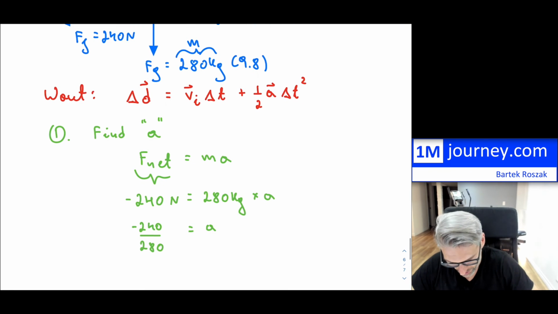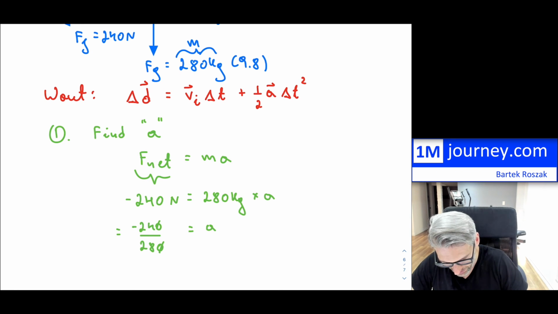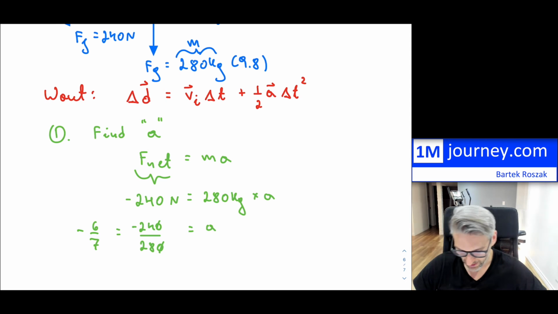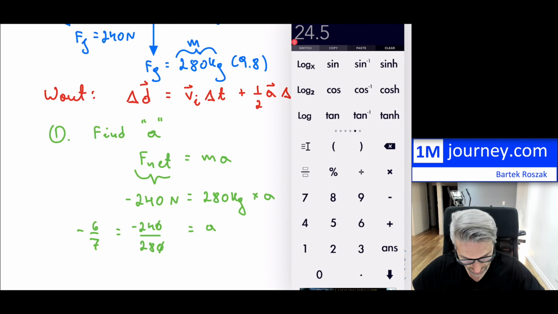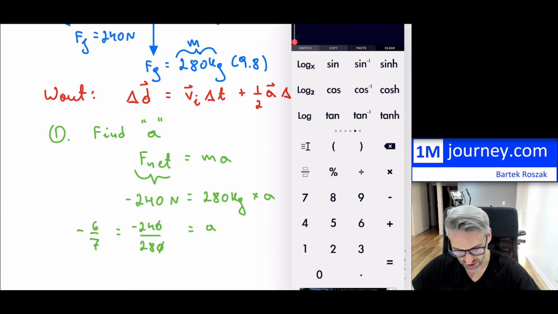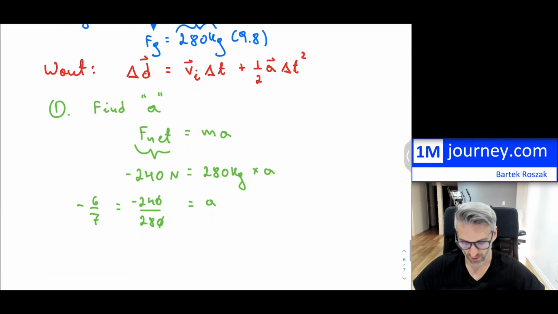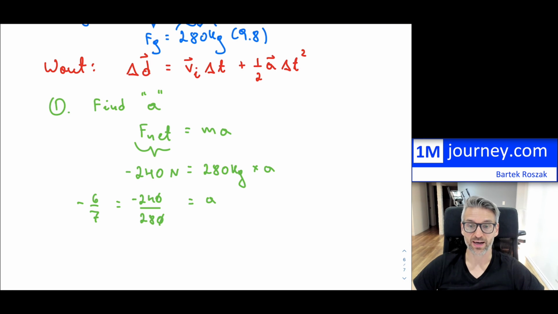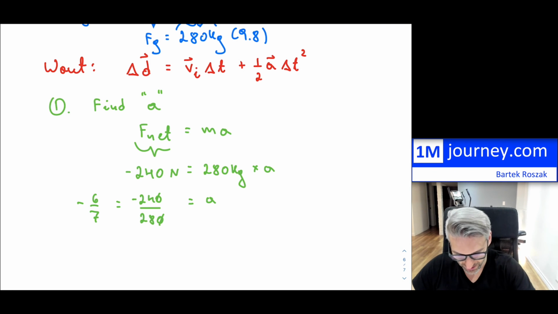I can simplify this even further. That's 12, 14, so 6 over 7. You can find out what that is in decimals if you wanted to, but I just don't want to work with that, so let me keep it in fraction form. So that's my acceleration.